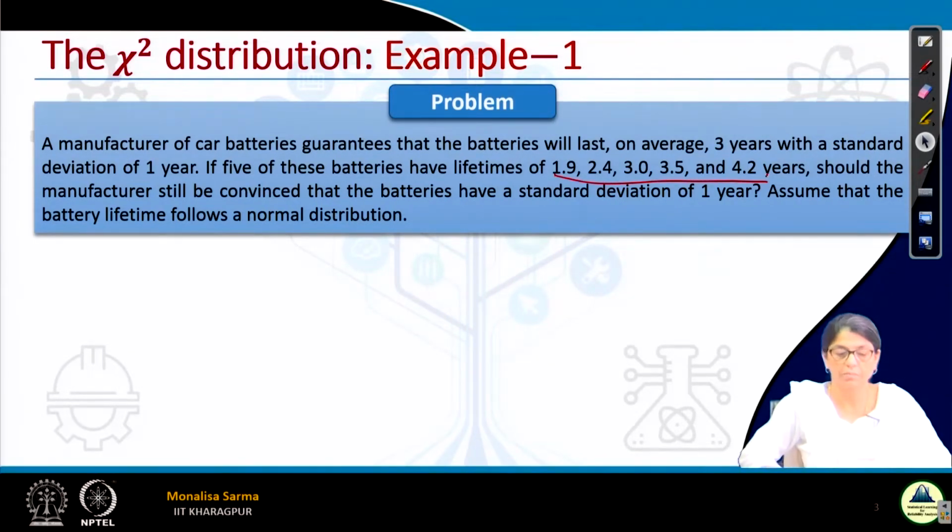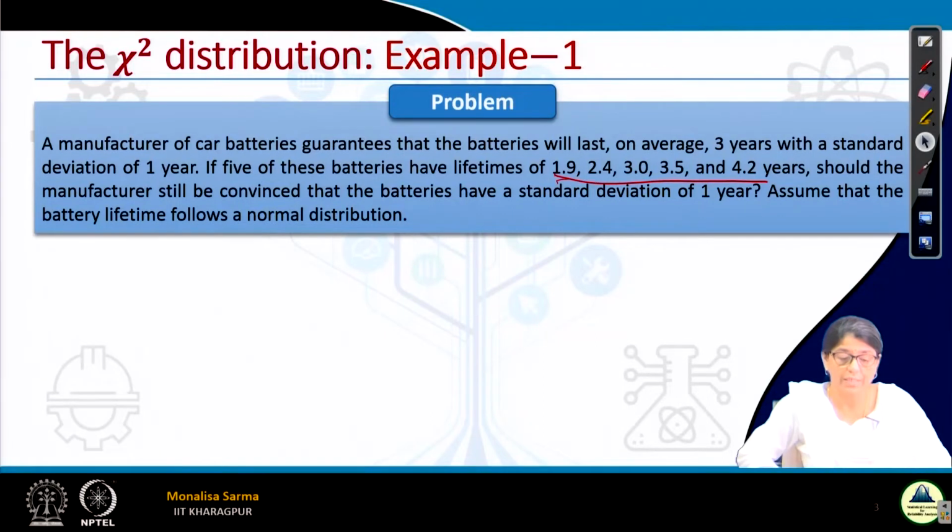So what happened? A person bought these batteries, or rather you can take it this way: he wanted to do a bulk purchase of batteries, and before that he wanted to check whether what the manufacturer is claiming is correct or not. Or maybe he bought them for his own need and found that the lifetimes of the batteries are 1.9, 2.4, 3.0, 3.5 and 4.2 years.